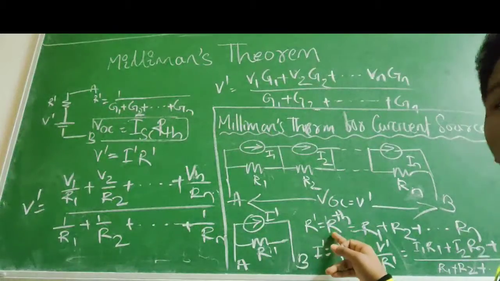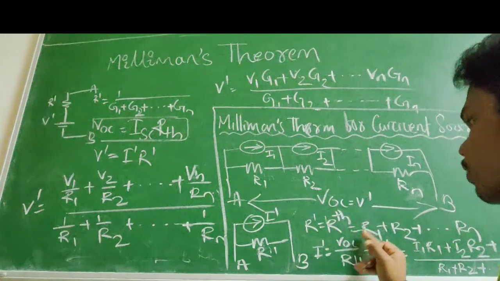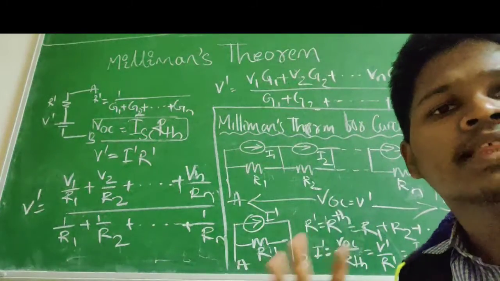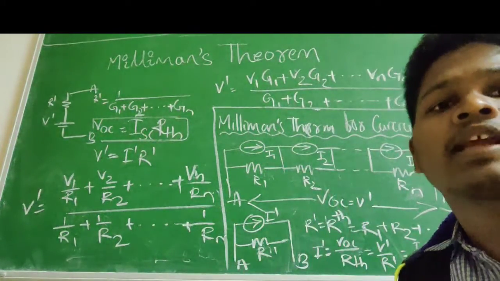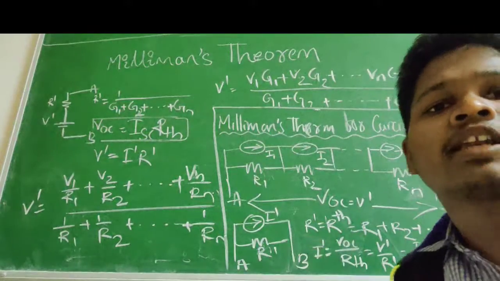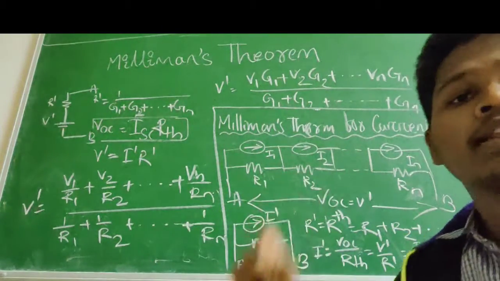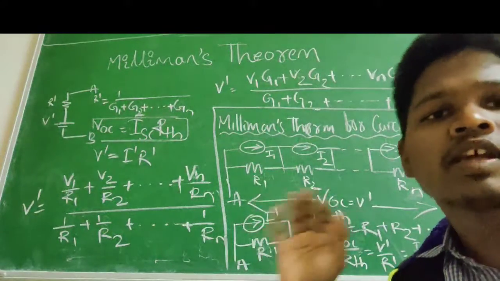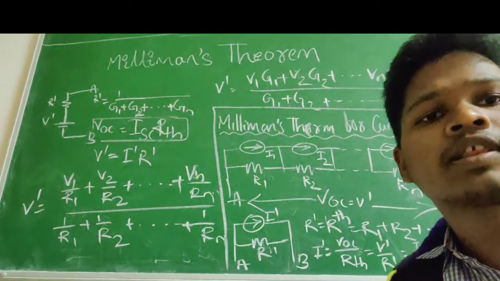R dash is equal to RTH, that is Thevenin's resistance. First, whatever sources are there, those sources can be neglected, that is, deactivated. That means if there is a current source, we need to open circuit the current source. If there is a voltage source, we need to short circuit the voltage source.